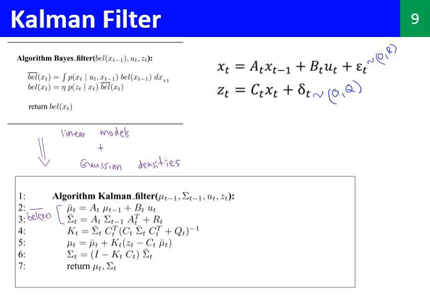Next, we have something called the Kalman gain. And in lines 5 and 6, we can see the ultimate result again in the form of two parameters, mu t and sigma t. That basically corresponds to bel xt in a Gaussian world.